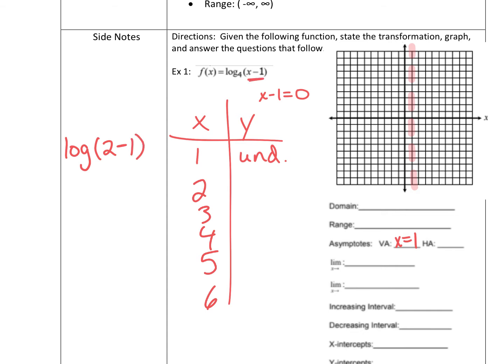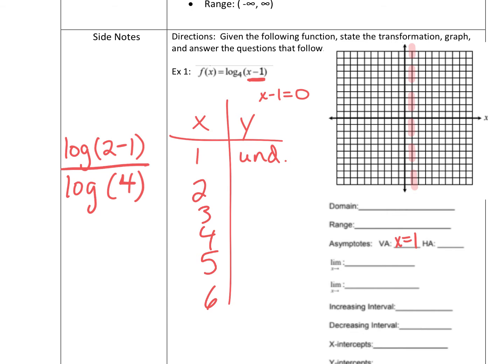Because again, we're plugging it into this. So it's x minus 1, so we do 2 minus 1 divided by log of what? The base, 4. So you should type it in just like that. So I'm going to have you go ahead, fill in your table, plot your points, and see how far you can get on those blanks.